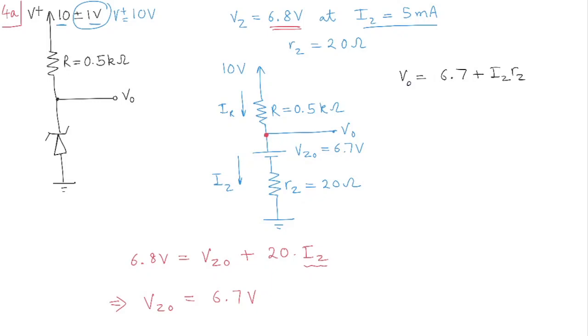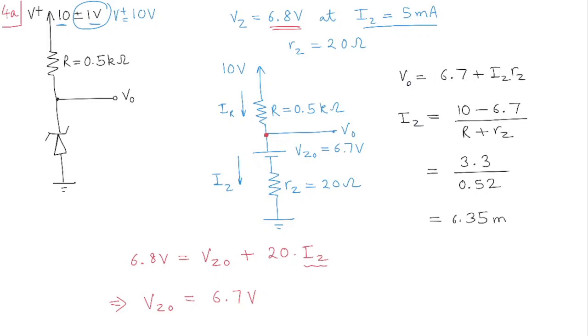So basically IZ will be equal to 10 minus 6.7 divided by R plus RZ, which is going to be equal to 3.3 divided by 0.52, and that's going to be equal to 6.35 milliamperes.